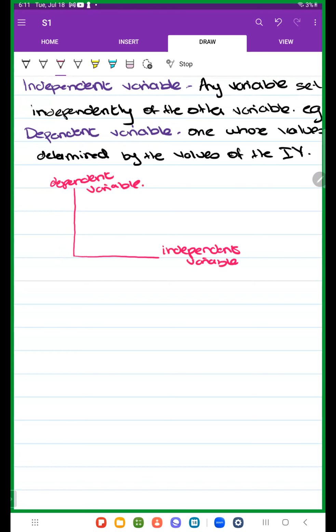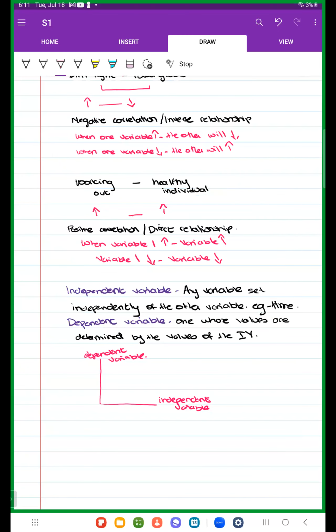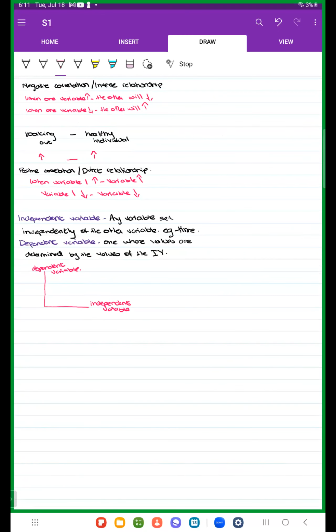Let's talk about scatter diagrams now. Do you know what scatter diagrams are? Scatter plots. They are dots on the graph.